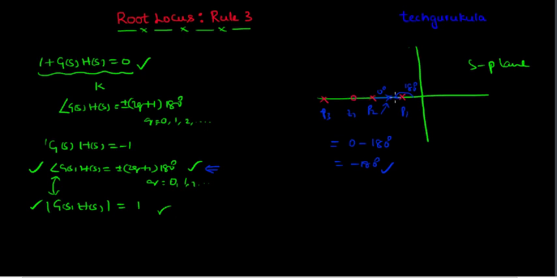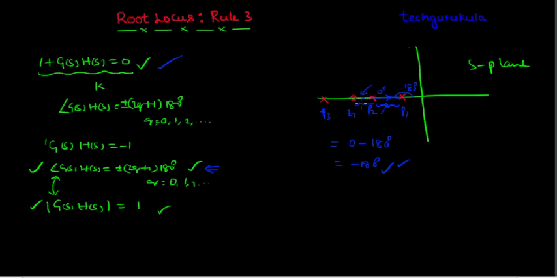If you take any point in between P1 and P2, for sure the angle is going to be minus 180 degrees. It means this section between P1 and P2 is going to be there in the root locus of this characteristic equation which you are plotting, right? Now let me take the section on this real axis between P2 and Z1.